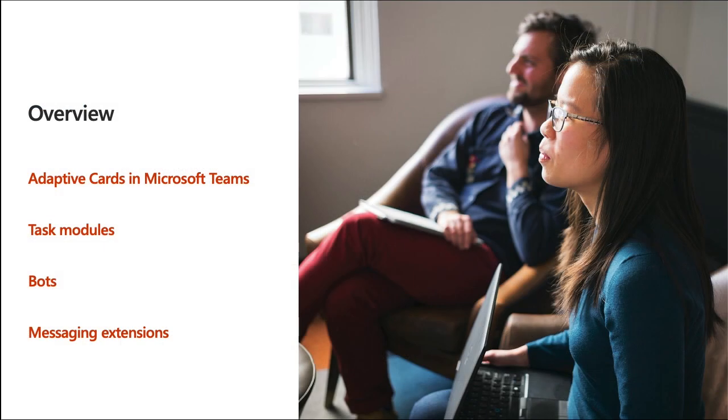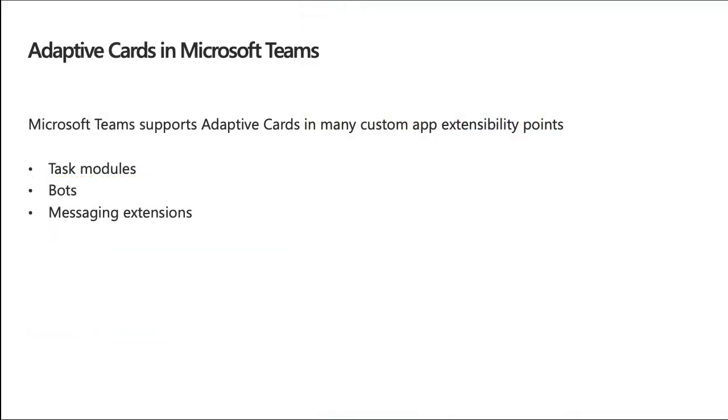In this module, you're going to learn how to use adaptive cards in Microsoft Teams, as they can be used in task modules, tabs, bots, and messaging extensions. Developers building custom apps for Microsoft Teams can use adaptive cards in various extensibility points, and some of these options include the following. Task modules, which are dialogues in Microsoft Teams, are implemented as something called a task module.